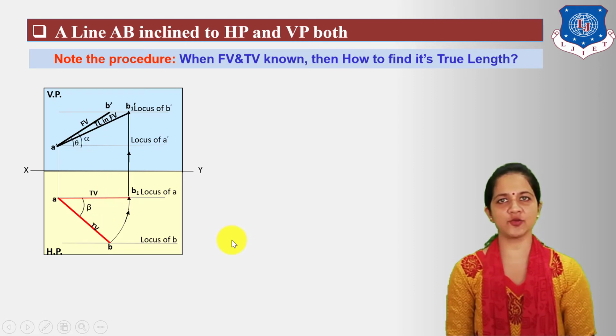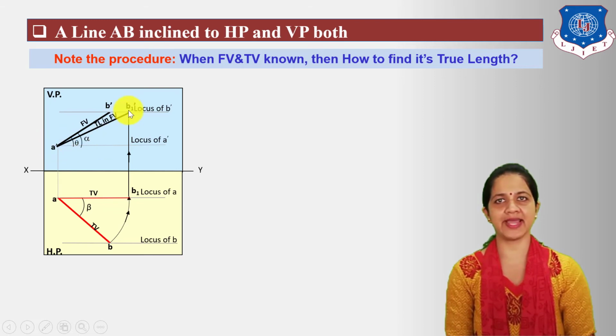Now for finding the true length in the top view, measure the true length A dash B1 dash from the front view. Take center A and cut an arc on the locus of B in the top view and mark point B2. Connect AB2, which indicates the true length in the top view at an angle phi.